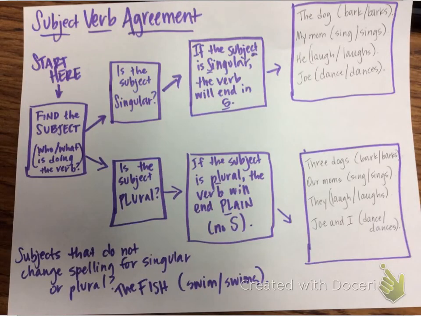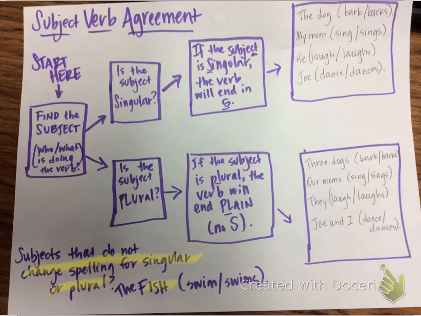As I said before, subject-verb agreement is pretty easy, but there are a couple of times that it doesn't follow the rules, just like I demonstrated earlier with the subject I. I also want to bring to your attention that some subjects don't change the spelling for singular or plural, like fish. If I said the fish swim or swims, whatever verb you choose is telling the reader basically how many fish they have.